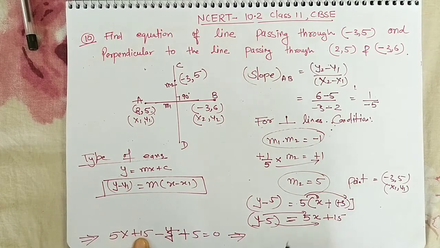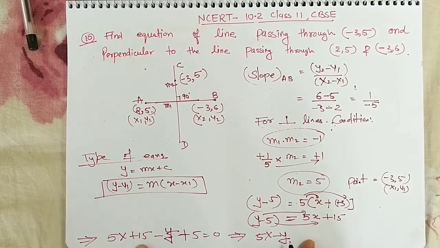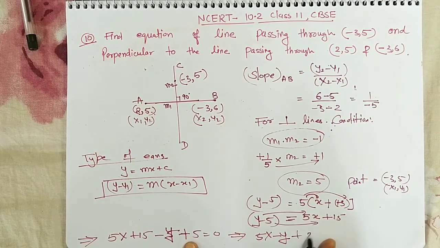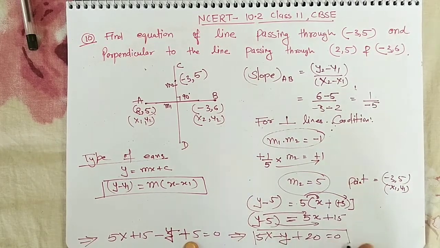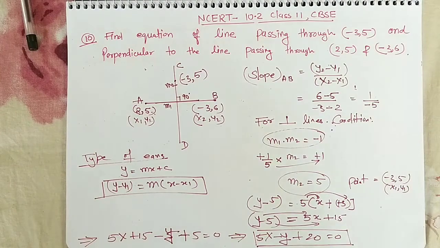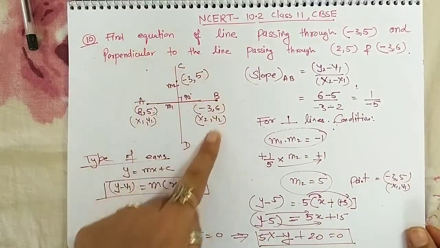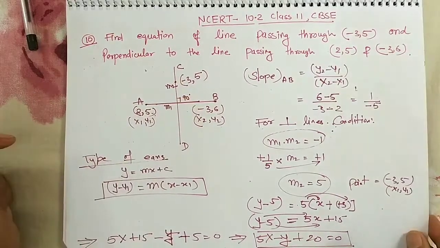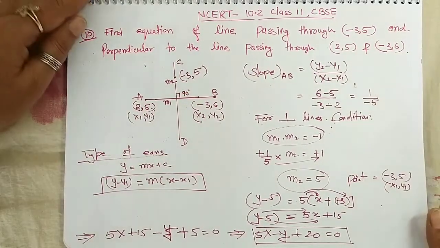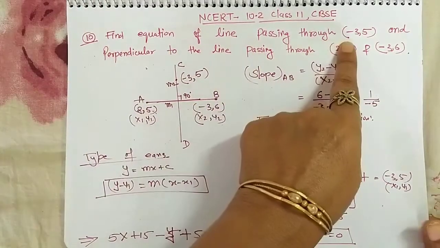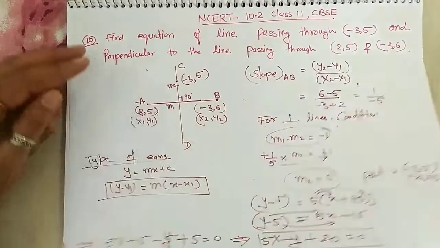Now if I simplify, this is 5x minus y, 15 plus 5 is what? 20, is equal to 0. This is my final equation. Understood? So always try to make a rough sketch of the diagram to get a clear view of what data is given and what we have to find out.